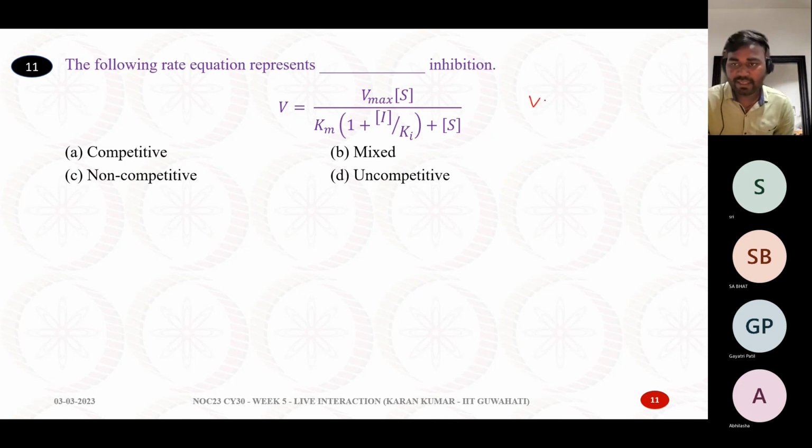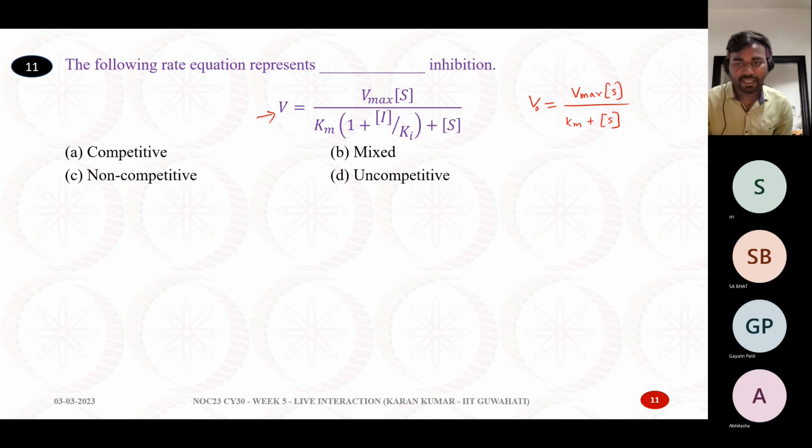Normal Michaelis-Menten kinetics is V, or V naught, is equal to Vmax into S divided by Km plus S, right? This is the Michaelis-Menten kinetics equation, and you have given this particular equation. So what is changing here?